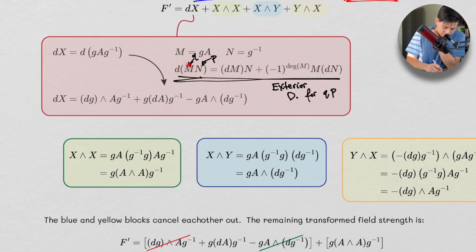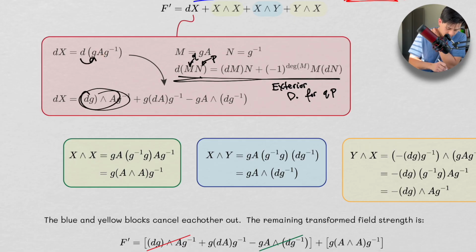So this thing here, right? This is going to be the product rule, and this is going to come from here. So we have DG with AG, and this gets applied to here.